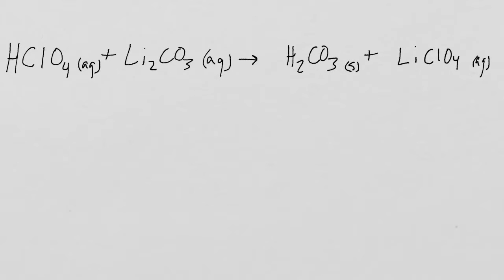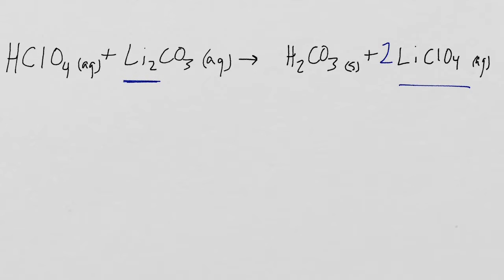Alright, so right off the bat, we can look and see if there's anything that we're going to need more of. And I'm looking at lithium chloride over here. There's only 1 lithium on this side, but on this side we've got 2. So let's just start by putting a 2 in front of there. We can keep a tally.